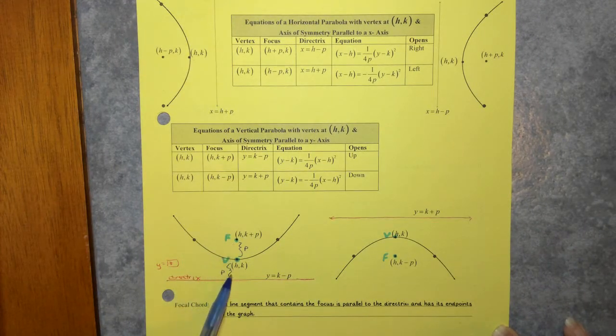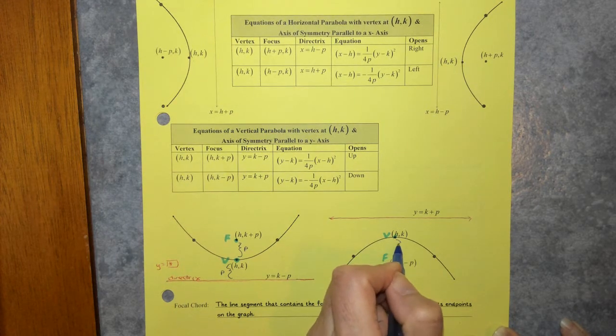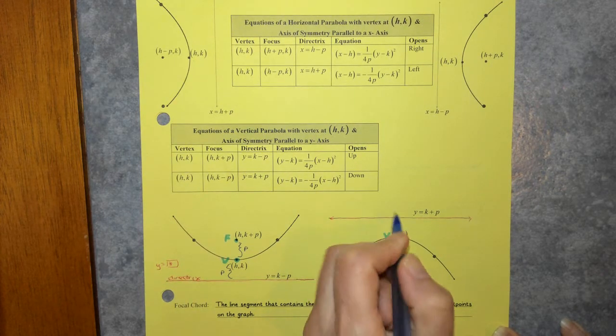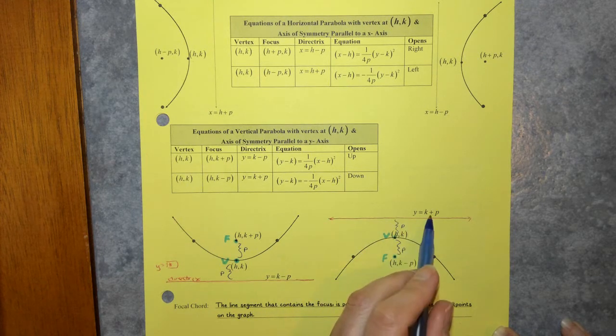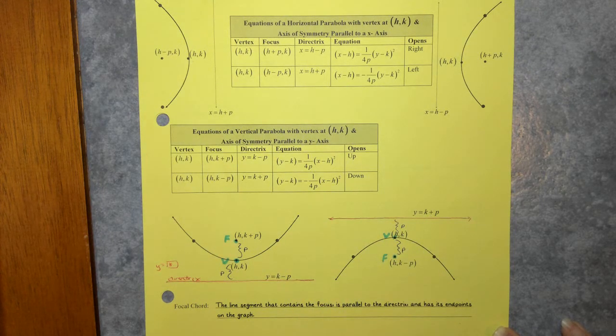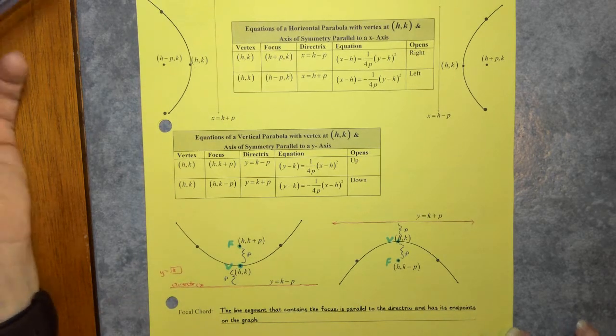Whichever direction you count towards the focus, you go in the opposite direction to figure out where the directrix lies. And that's true in any case. So if you go down for the focus a distance of p, you'll go up a distance of p for the directrix.